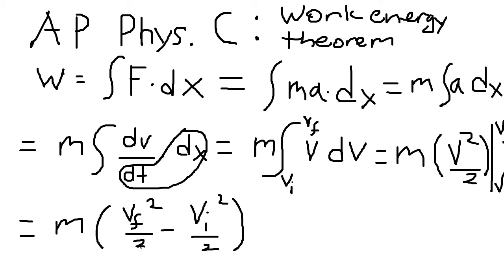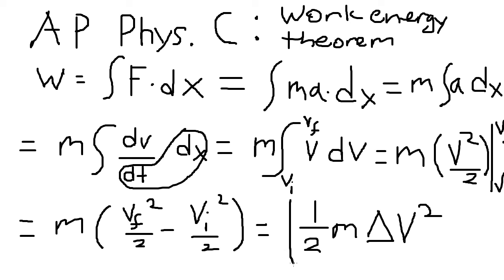So you get 1/2 m, and what you're left with is delta v squared, vf minus v initial, that's delta v squared. Then you get 1/2 m delta v squared.